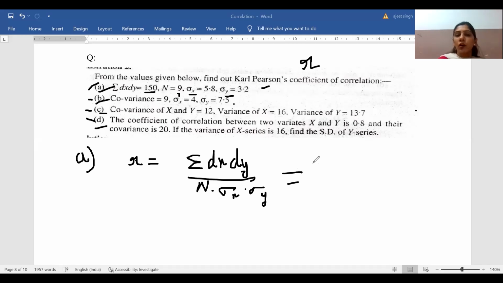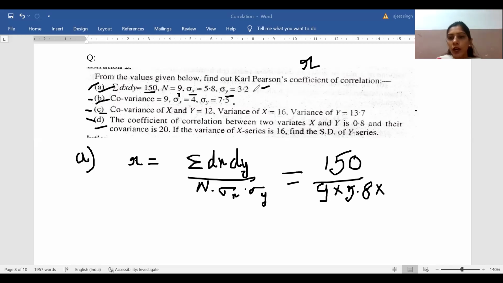So sum of dx dy is already given in the question, which is 150, divided by 9, which is the number of observation, multiplied by deviation of x, which is 5.8, and deviation of y, which is 3.2.